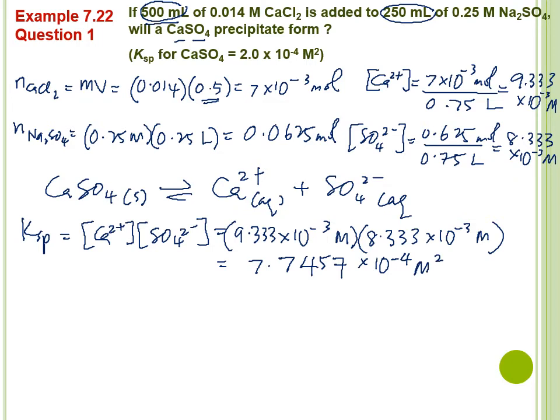Sorry, this is not Ksp, this is Qsp, because Ksp is given here. We need to compare. Which one is smaller? Ksp is smaller. So Qsp is bigger, 7.7 compared to Ksp, 2.0. So what is the conclusion here?